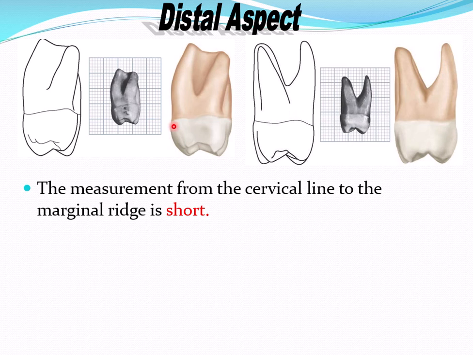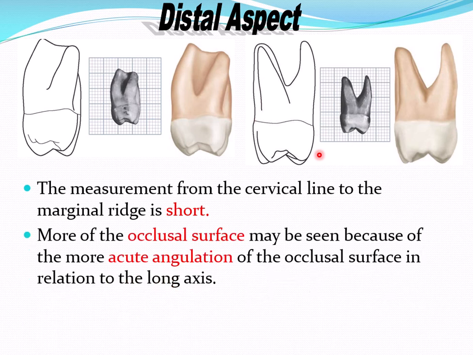This is buccal, this is lingual, and here this is buccal, this is lingual. More of the occlusal surface can be seen here. I explained this in the first molar lecture regarding the relation between the crown and the root. The crown is inclined distally, the angulation between the crown and the root.